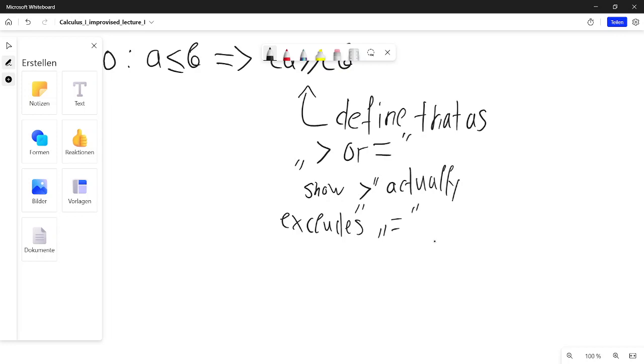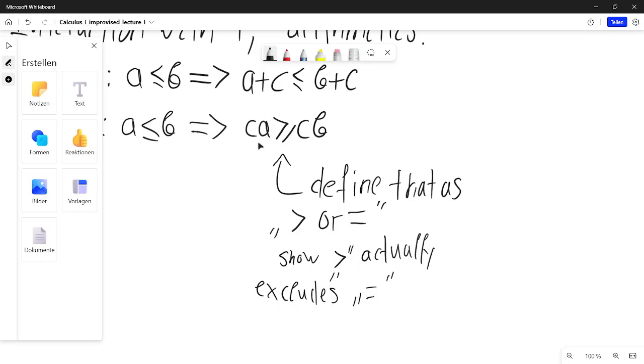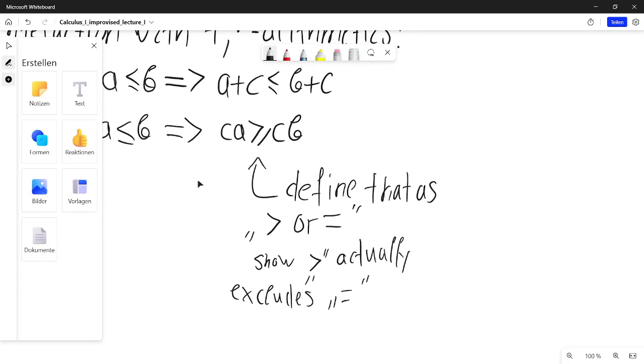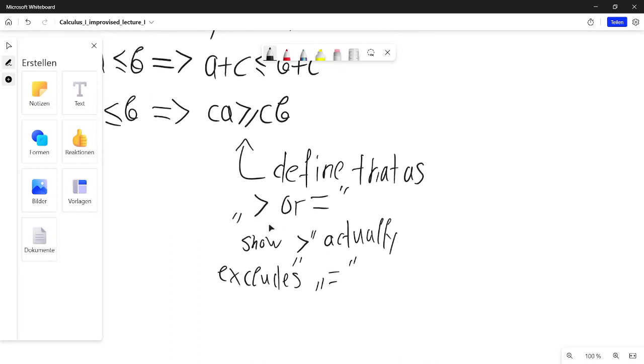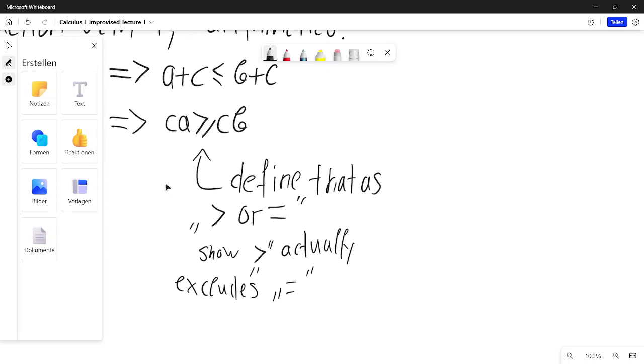And we mean, of course, the logical statement, CA is bigger than CB, or CA is equal to CB, but written shortly, just this order between the operators.